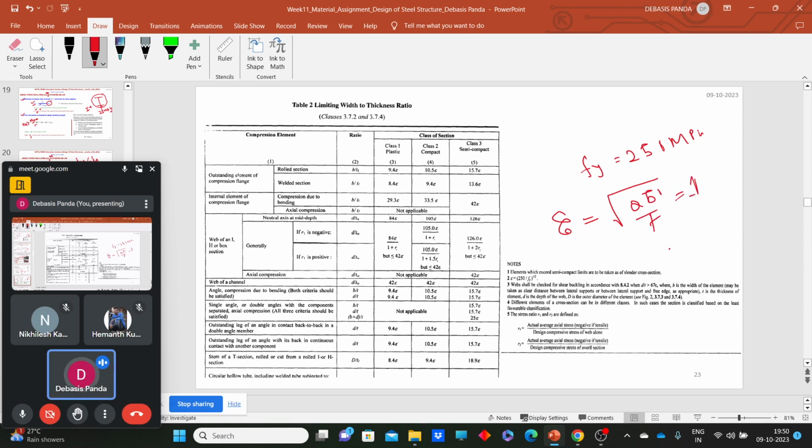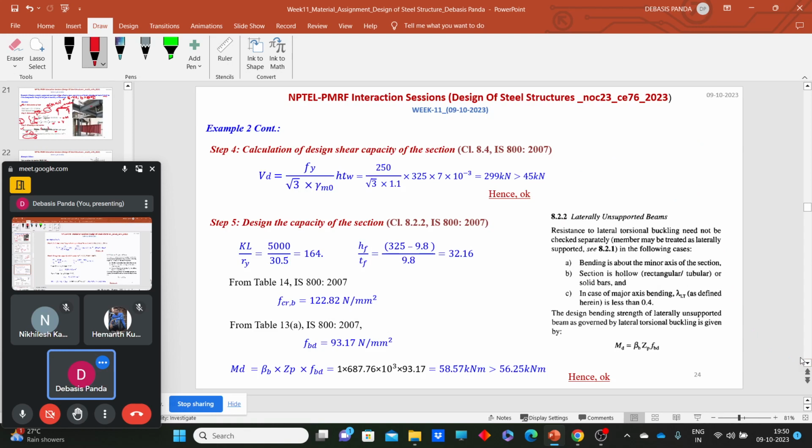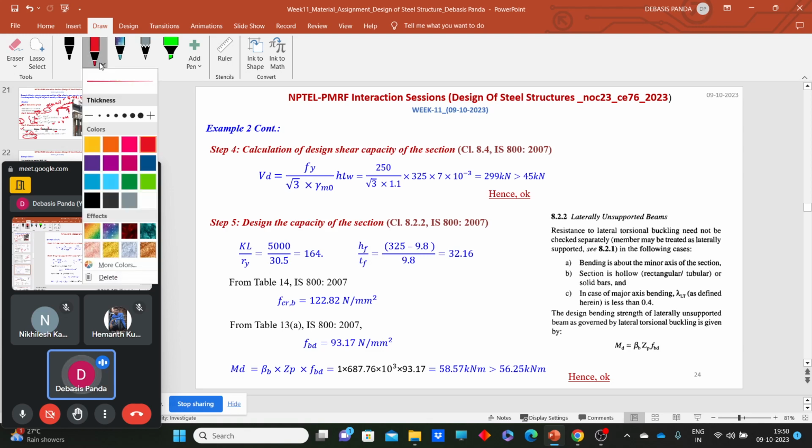So we started with a beam considering that the section is plastic, we selected one section, and it turns out to be a plastic section. Now I need to calculate the design bending strength and the design shear capacity. So in step 4, we will calculate the design shear capacity of the section.